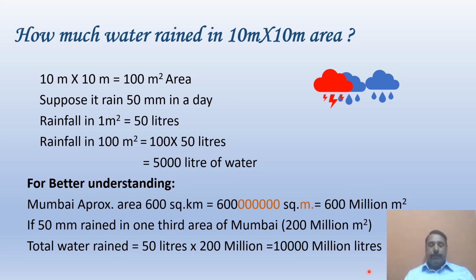Now, if 50 millimeter rains in one-third area of Mumbai, one-third of 600 is 200 million meter square, then the total water that would rain in this area would be 50 liters per meter square into 200 million meter square area, that is 50 into 200, that is 10,000 million liters. 10,000 million liters of water would rain in the area of 200 million meter square if 50 millimeter rains in this area.